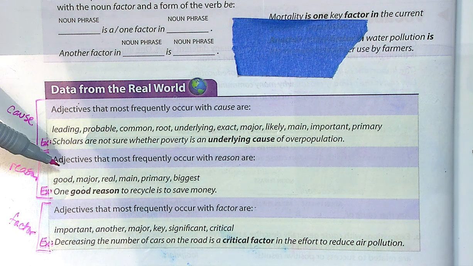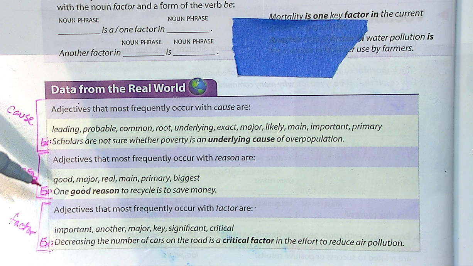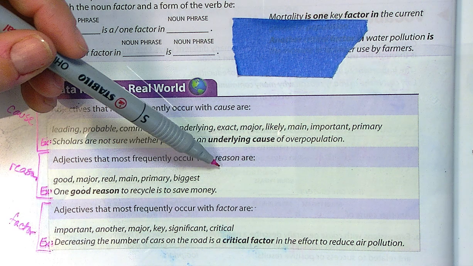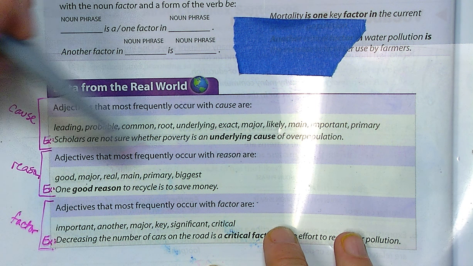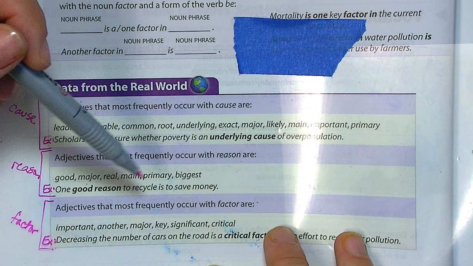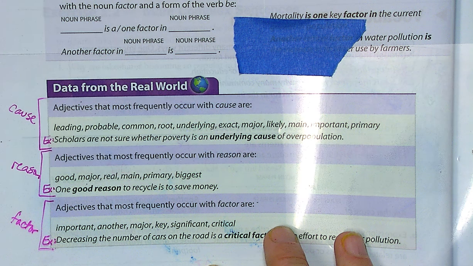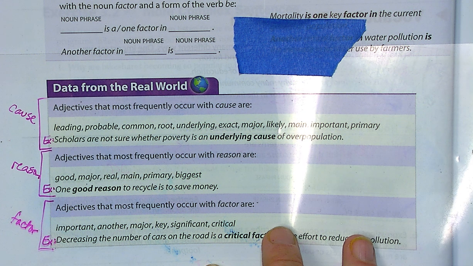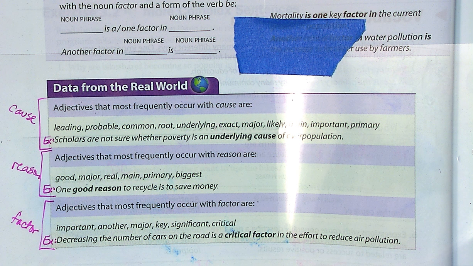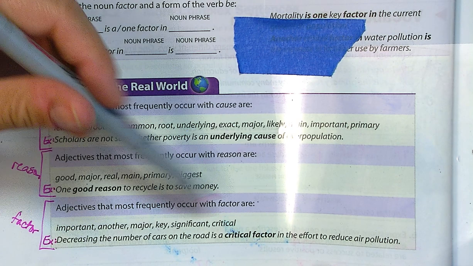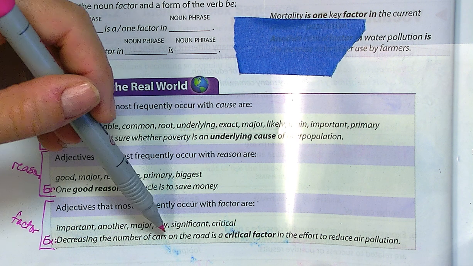In this one, these words like to go with the word reason. They can go with other words, but most frequently they go with the word reason. So we can see one good reason, major reason, real reason, main reason, primary reason, etc. And these adjectives most often go with the word factor. Important factor, another factor, major factor, key factor.